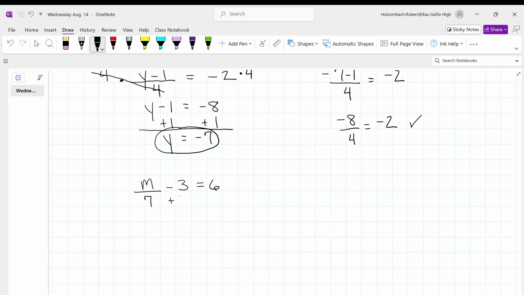So we're going to add 3 to each side. And our m over 7 is equal to 9. Multiply each side by 7. The 7s cancel, and m is equal to 63.